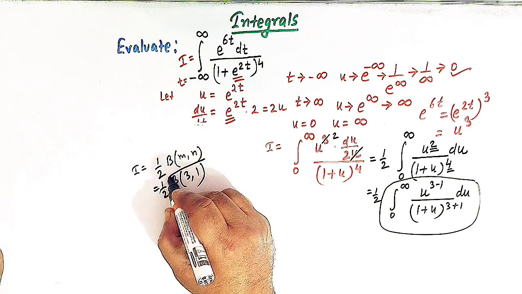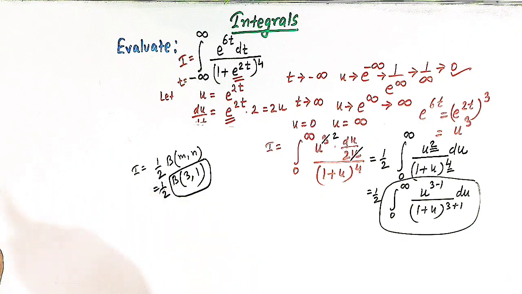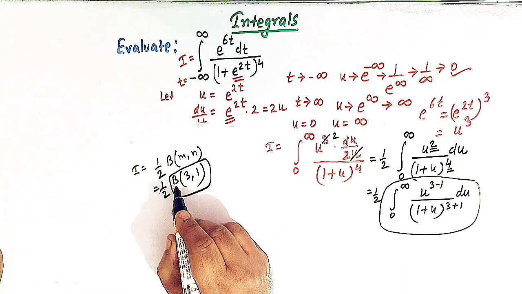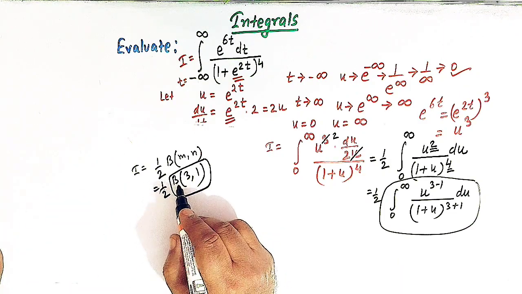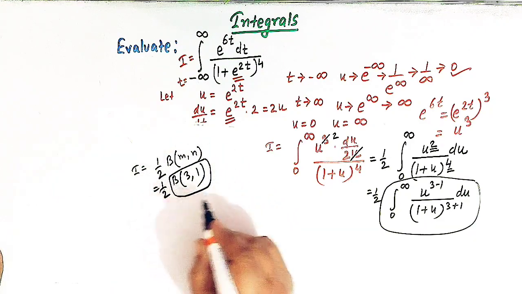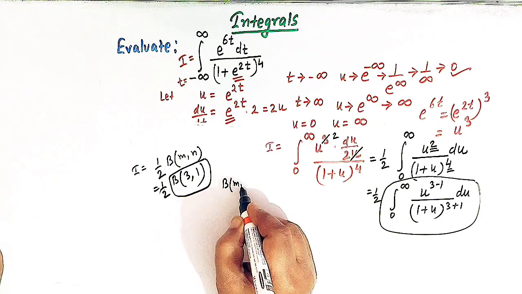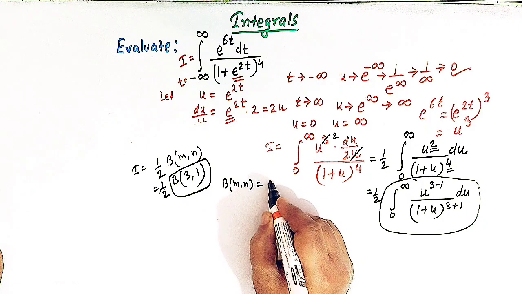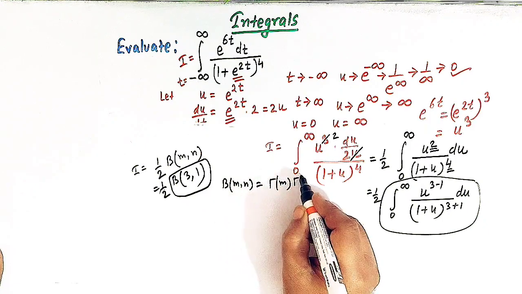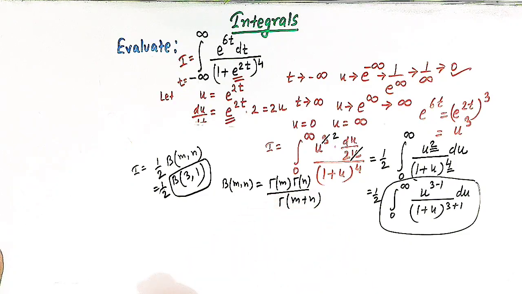So now we have to find the value of this beta function. To find the value of this beta function, we can use a relation connecting the beta function with the gamma function, and the relation goes like this: beta m comma n is gamma m times gamma n over gamma of m plus n, right?